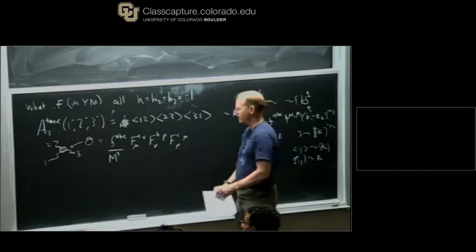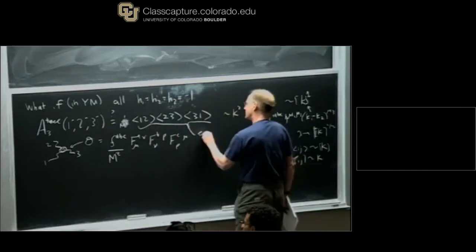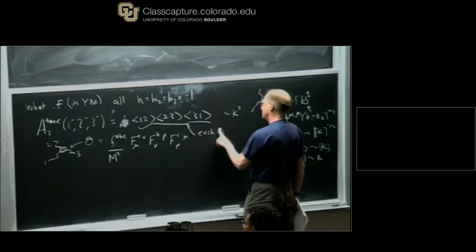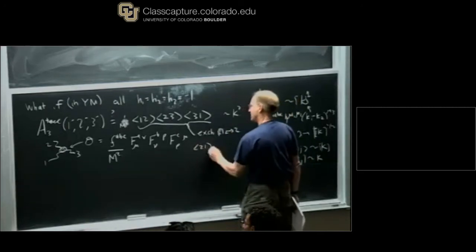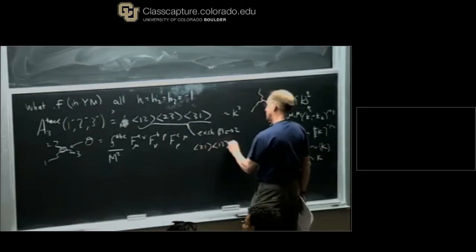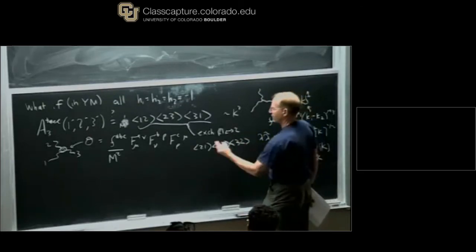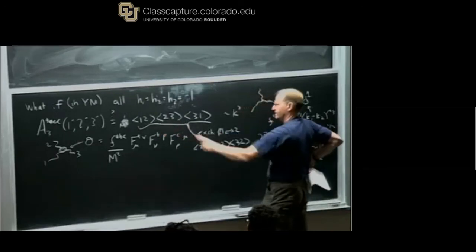So what I do is I look at this thing, and I exchange two labels. Let's say exchange 1 and 2. And I get 2,1, 1,3, 3,2. You see what I did? I just swapped 1 and 2 in here.